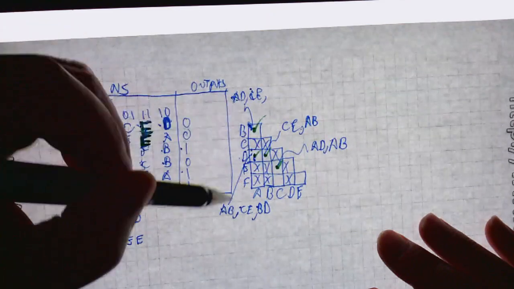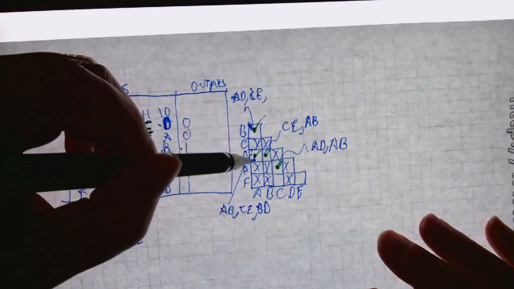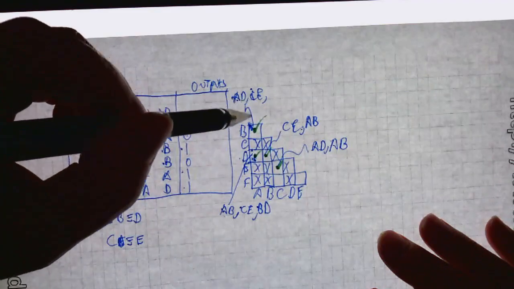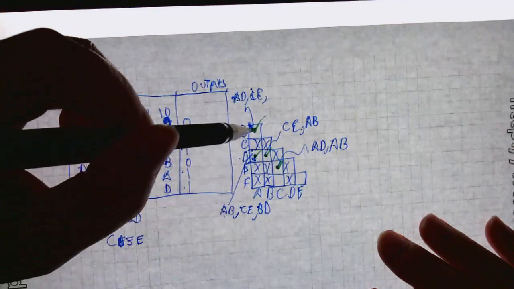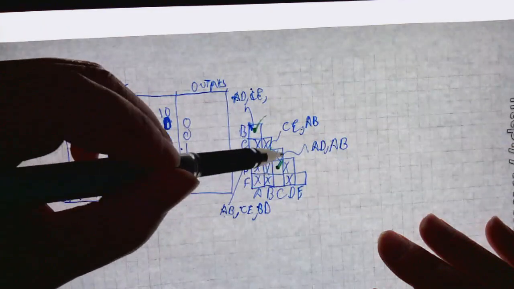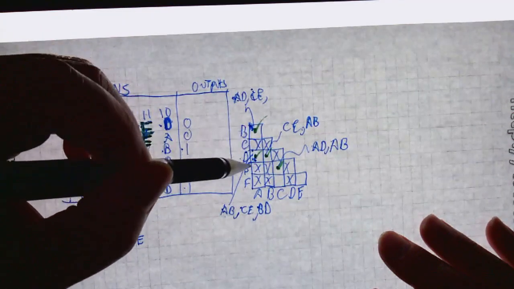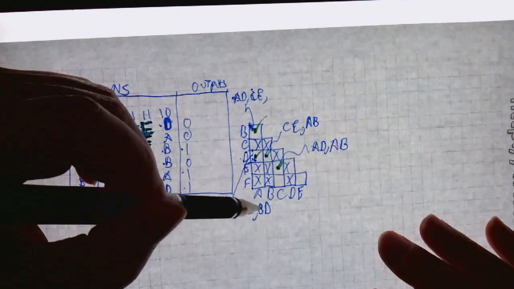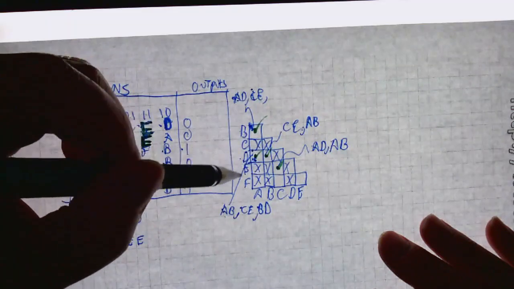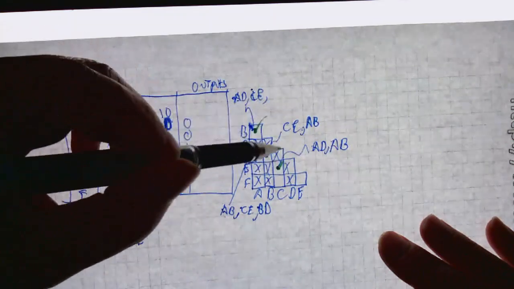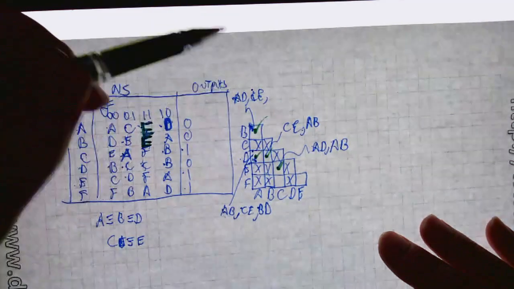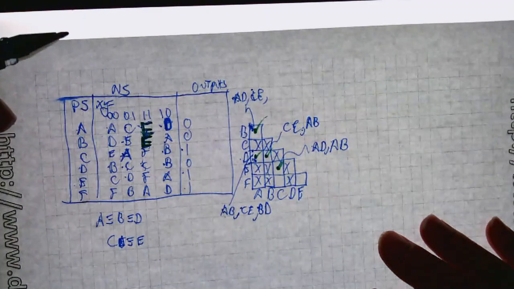AD depends on AB. So they're interdependent. And then CE depended on AD and AB, and AD depended on CE, BD, and AB. So they all ended up becoming a cluster together because of the interrelations.